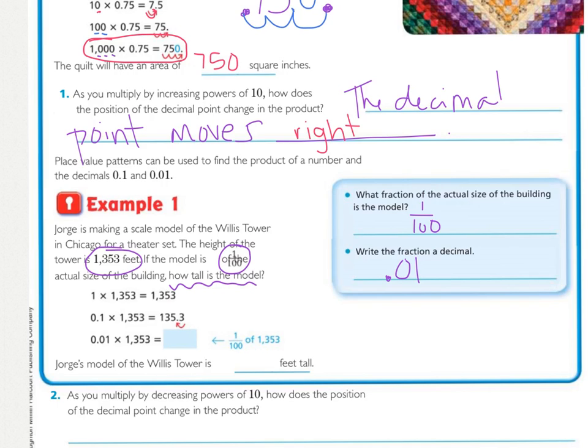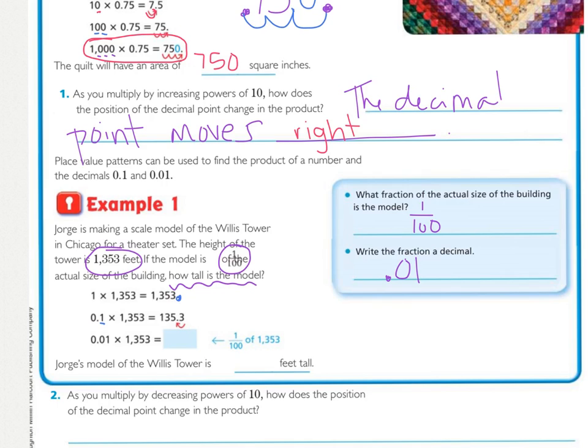So looking at their pattern, we have 1 times 1,353. Well, that's 1,353. But then when we have 1/10 times 1,353, the decimal has moved once, because in a whole number, the decimal would have been right here. And so the decimal has moved one place to the left, 135 and 3/10.